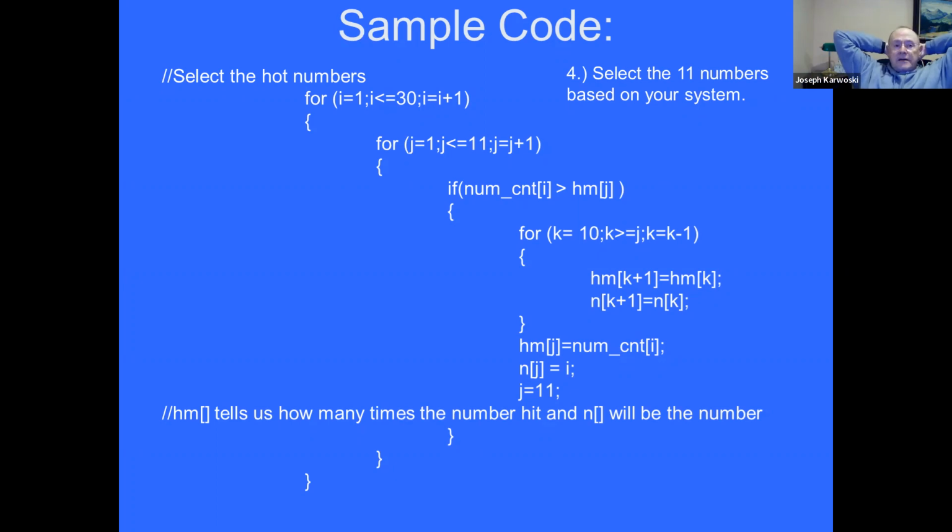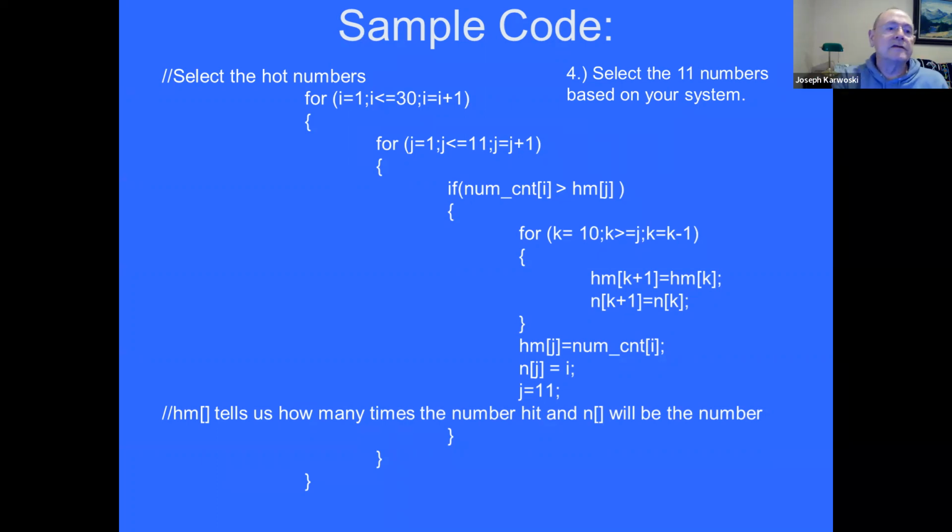But if you had 2 arrays where you had the numbers and the number of times they've been selected, and you sort that array from high to low and take the first 11 numbers, that's going to work fine also. That's just another way of doing it.